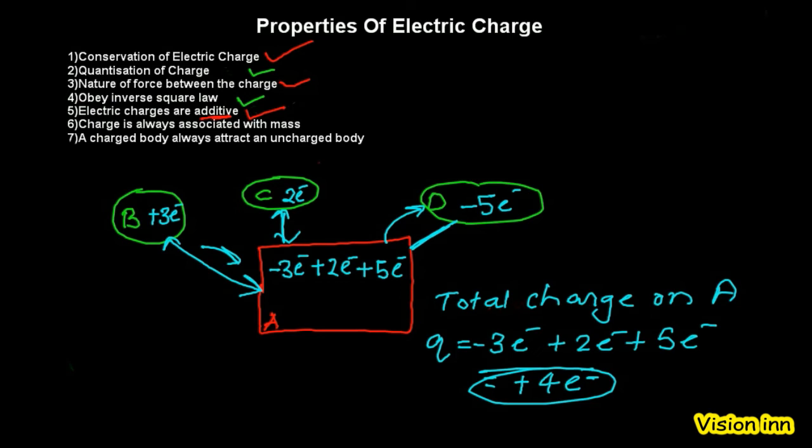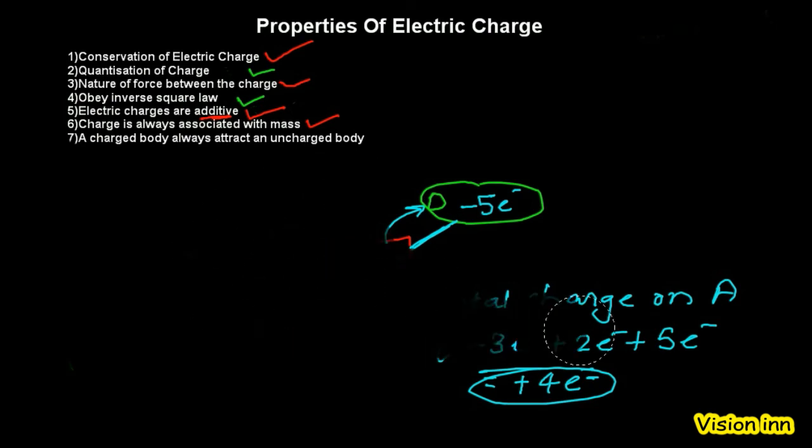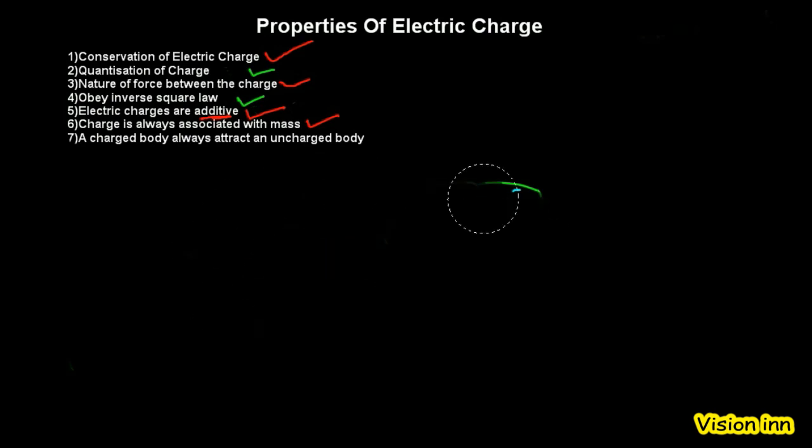Charge is always associated with mass. Electric charge will always carry mass. Now as we know, charge Q is equal to n times e.